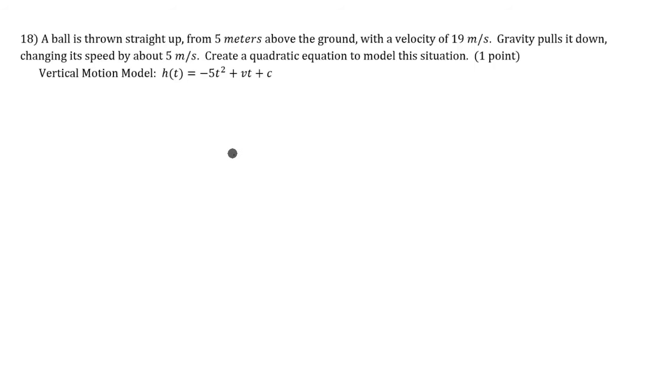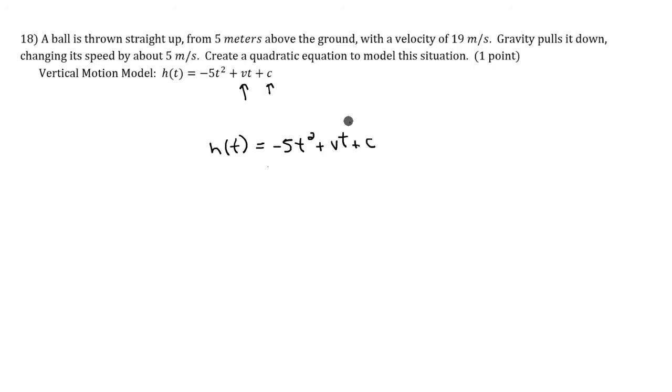Question number 18 is another vertical motion problem, and I need to fill in my values for V and C here. So I'm going to rewrite my equation a little bit bigger first. The negative 16 that was in the beginning of my equation here changes to a negative 5 just because of some things that were mentioned in the problem.